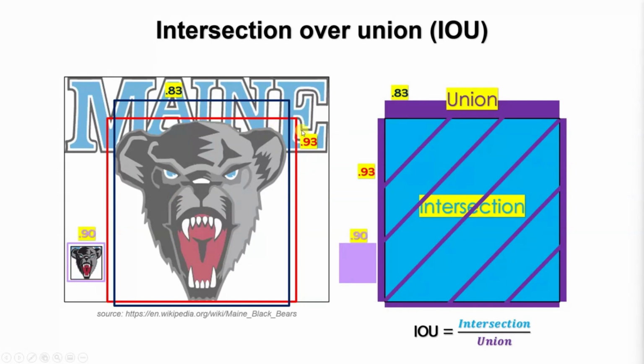In that case, we will just choose this box and disregard the other 2 boxes. But visually, as a human being, we can see this beer and this beer are different. So in other words, this is an object and this is also an object. How can we make the computer understand this?